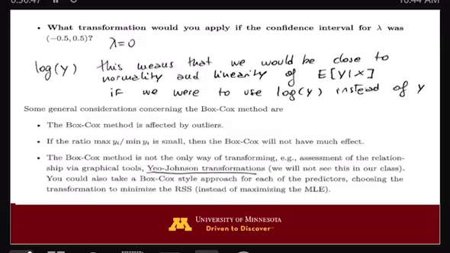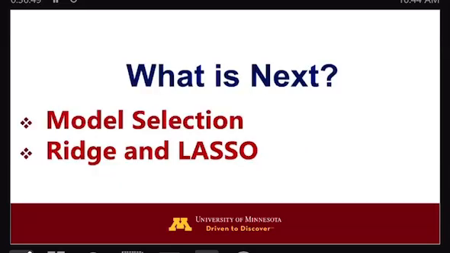Okay, what am I having next? What I'm having next is model selection. I have different kinds of models, and how do I know which one is the best that I'm going to use?